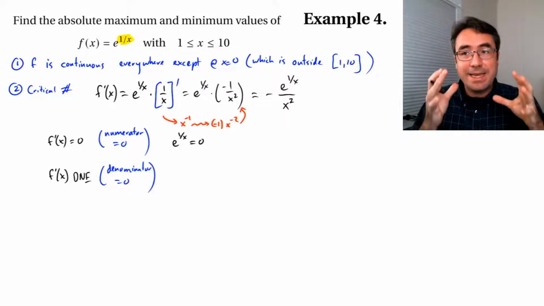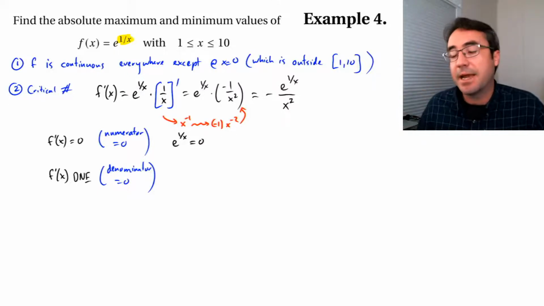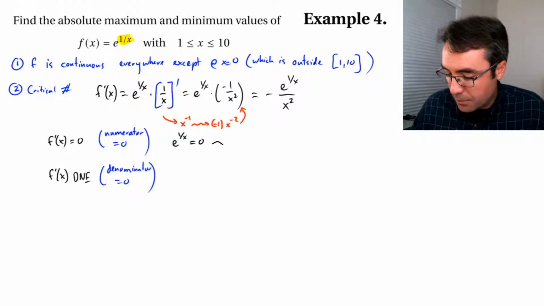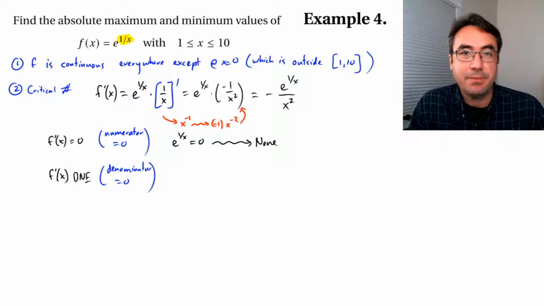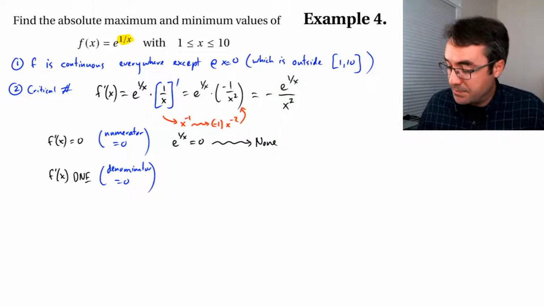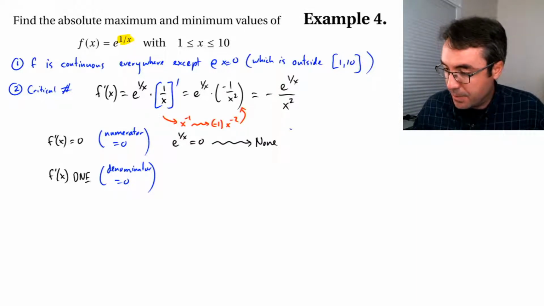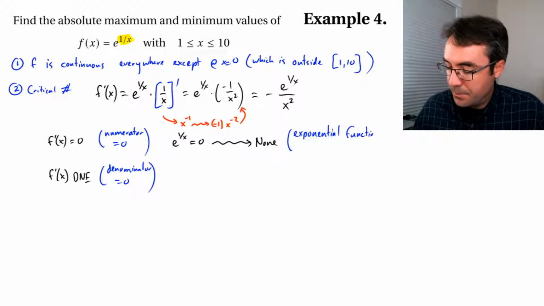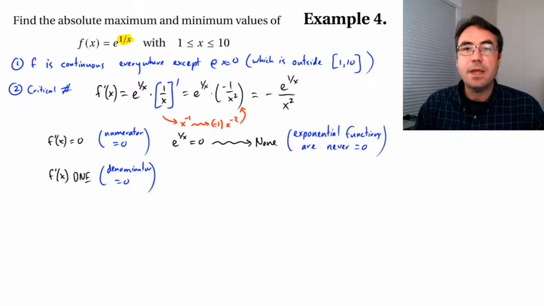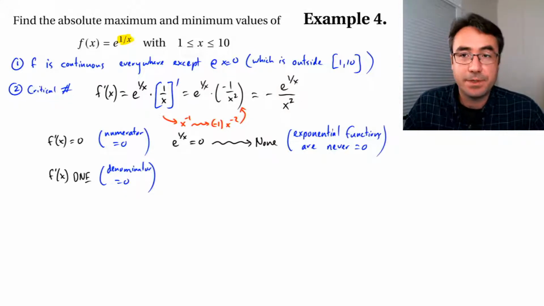There's no way this derivative can be equal to 0, because exponential functions are never equal to 0. When it's just e raised to something, no matter what that something is, exponential functions are never equal to 0.